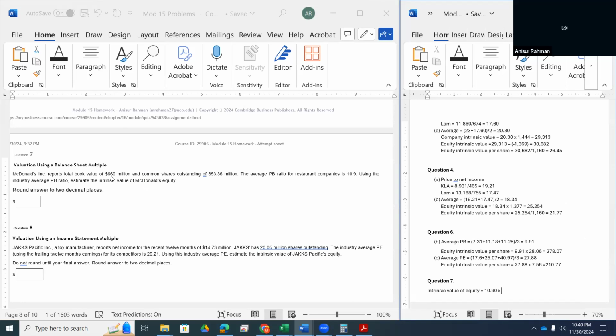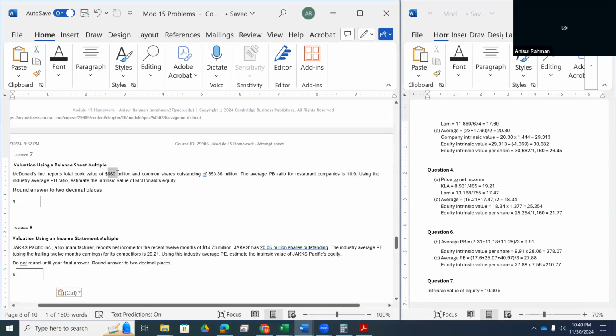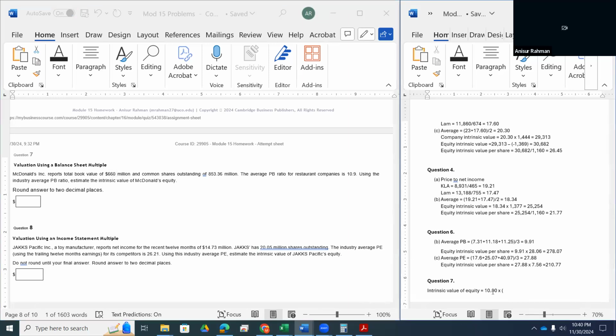So this is our book value, and this is our number of common shares outstanding. So we need to find the book value per share. We will take this 660 million divided by 853.36, the number of shares, right?